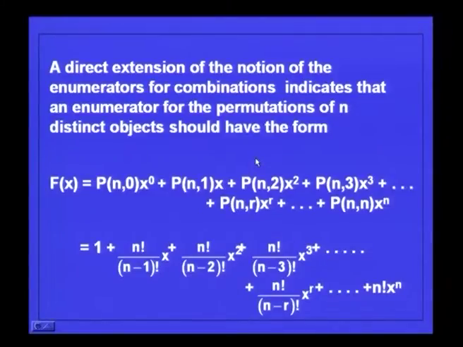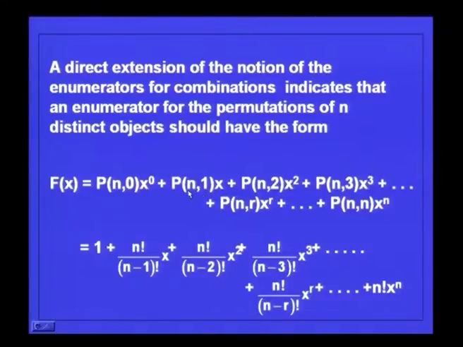So, in general, if you want to have an enumerator for the permutations, looking back, the enumerator for combinations is a formula like this where you had C(n,0), C(n,1), etc. So, a direct extension of the notion of the enumerators for combinations indicates that an enumerator for the permutation of n distinct objects should have the form like this. f(x) = P(n,0)x⁰ + P(n,1)x + P(n,2)x² + ... Here P(n,0) gives the number of permutations of 0 objects out of n objects.